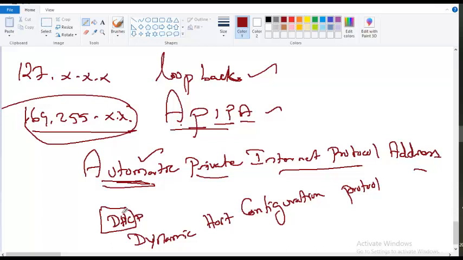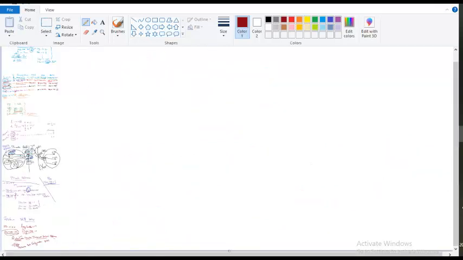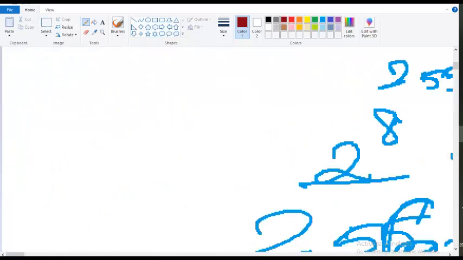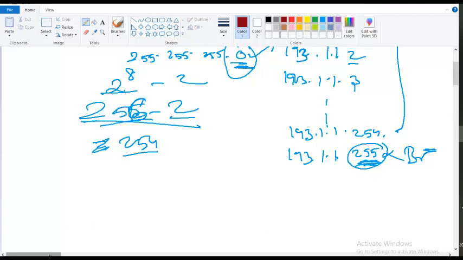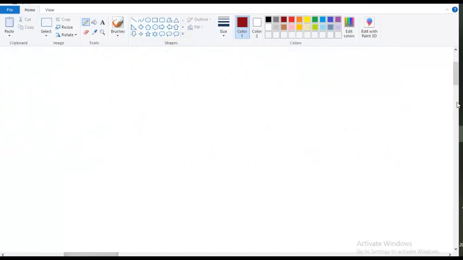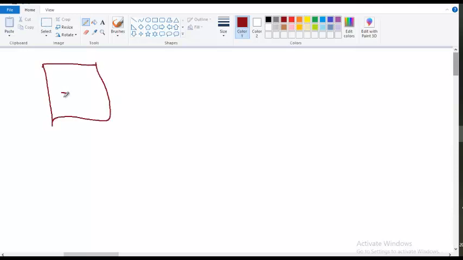Let me explain the DHCP first, then I'll go to APIPA. We will run that protocol in a server. The purpose of this DHCP is to provide an IP address to whoever asks.